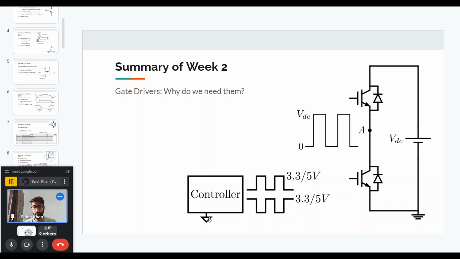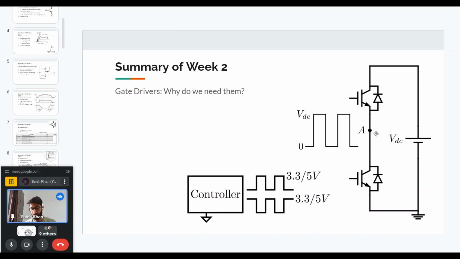However, for the half bridge, for the high side IGBT or MOSFET, the gate pulse that should be given to this is with respect to its emitter. So the top gate voltage should be with respect to the emitter of the top device, which in this case is the node A, which is shown here.